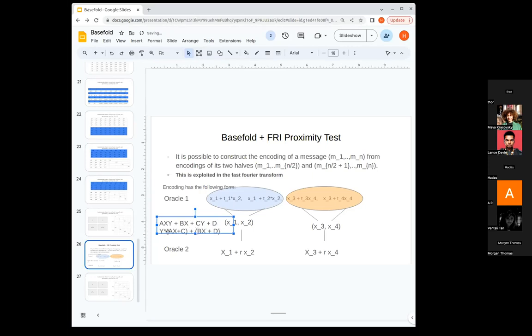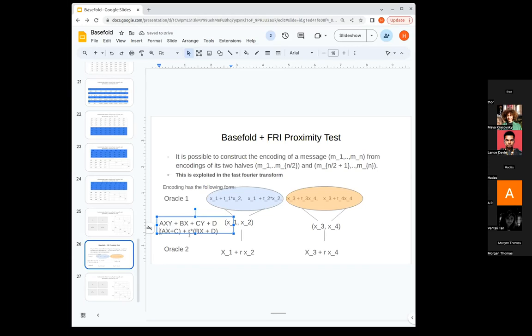And you can look at ax plus c and bx plus d as coefficients of a linear equation. So in this case, you could say x1 is equal to ax plus c, x2 is equal to bx plus d. You evaluate them at this random point. So this is equivalent to doing a partial evaluation at r, where you replace y with r. And then you get the new polynomial, (ax plus c) plus r times (bx plus d). And that's just a linear equation.